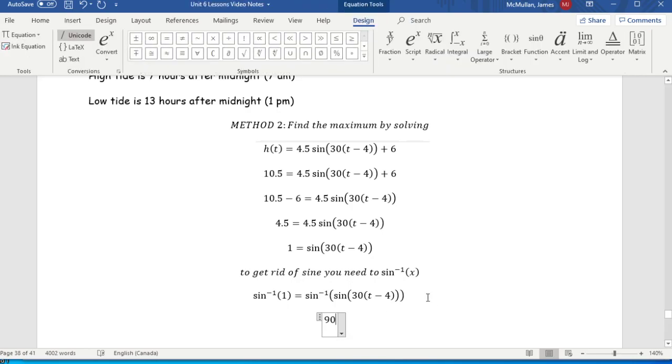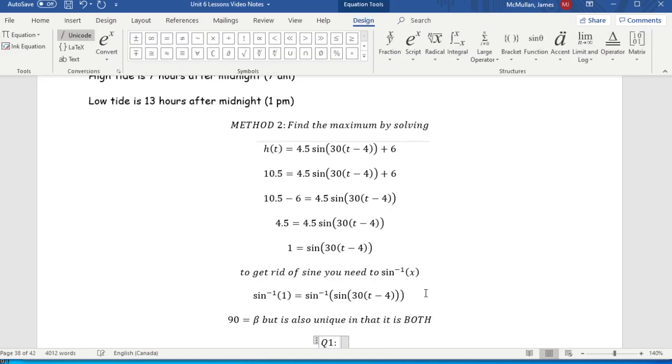And you can't consider two answers for this, because if beta was 90, then your quadrant 1 answer would be 90, and your quadrant 2 answer would be 180 minus 90, which is also just still 90. So 90 equals beta, but is also unique in that it is both.